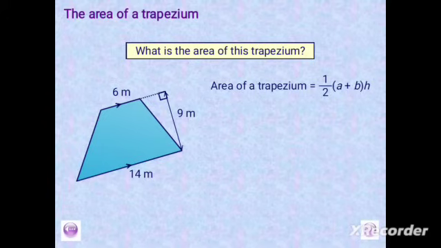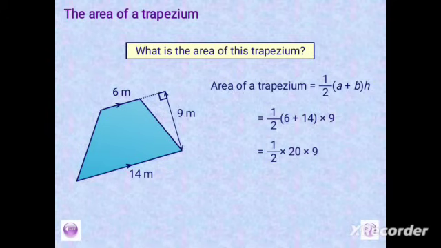Then you substitute into the formula, and then finally you get the answer. Now, area of a trapezium is a half H into A plus B. And if we substitute, then we have a half into 20 times 9, which is the height. And that gives us the area to be 90 square meters.